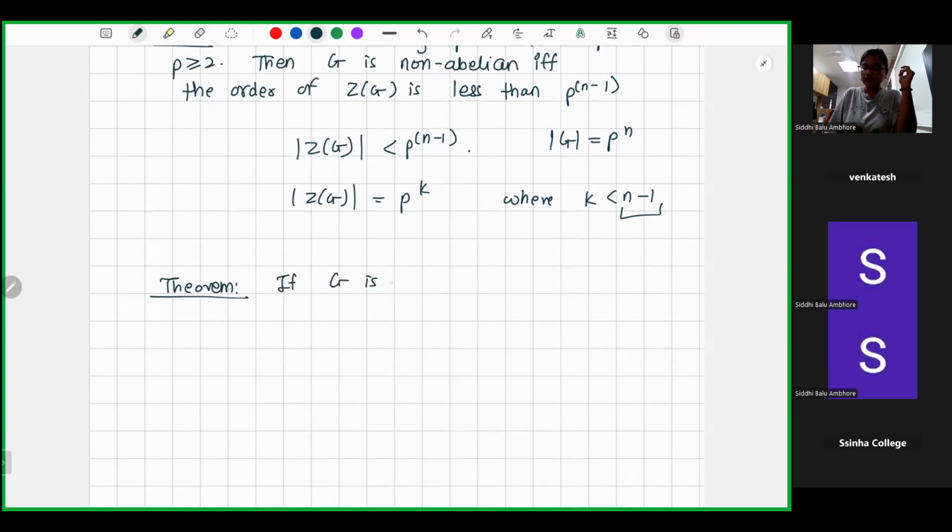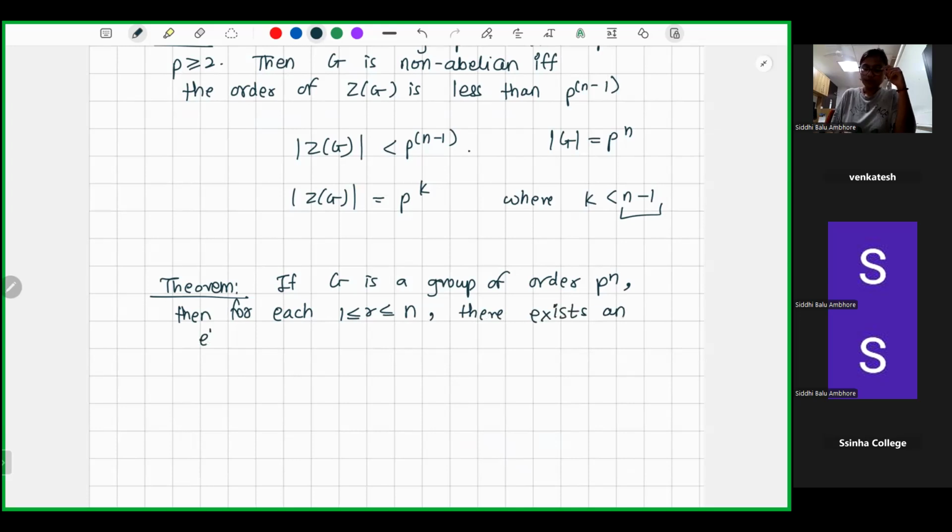If G is a group of order P power n, then for each r there exists an element of order P power r.